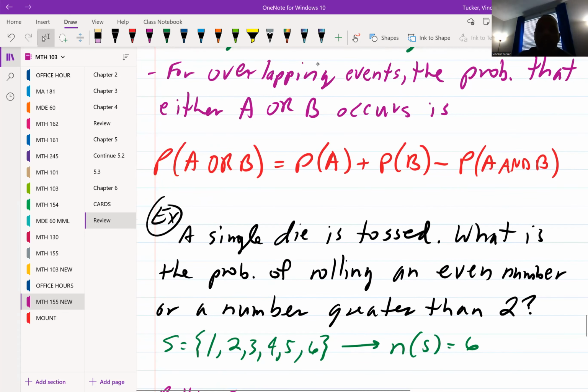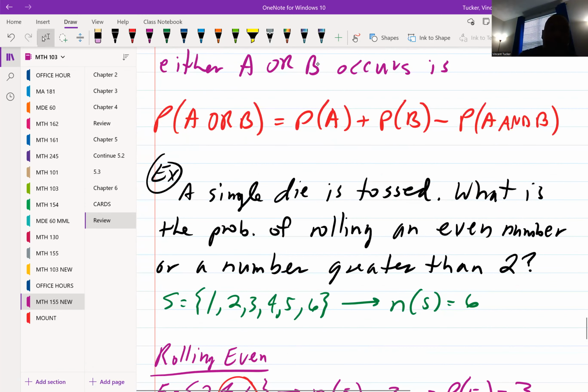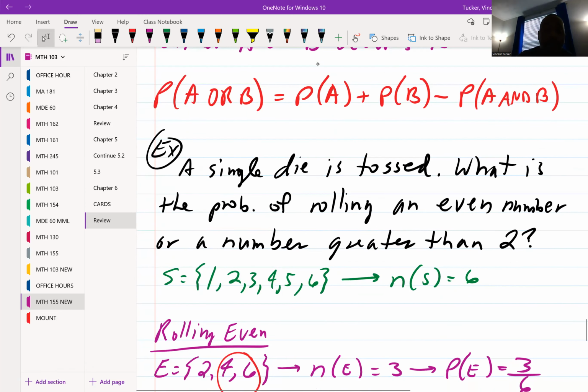All right, so a single die is tossed. What is the probability of rolling an even number or a number greater than 2? So we know our sample space is 1 through 6. So the number in our sample space is 6.